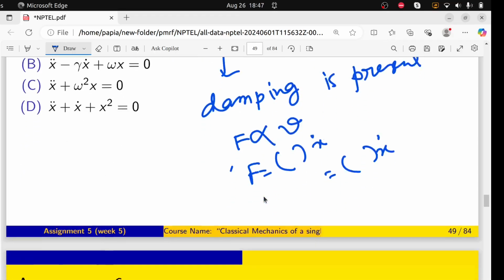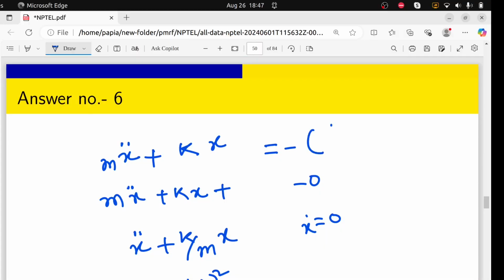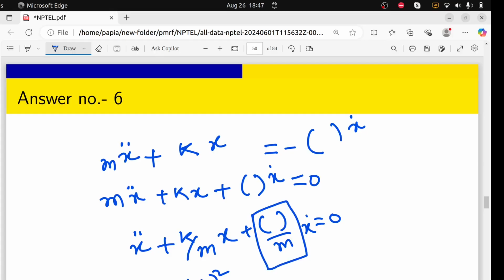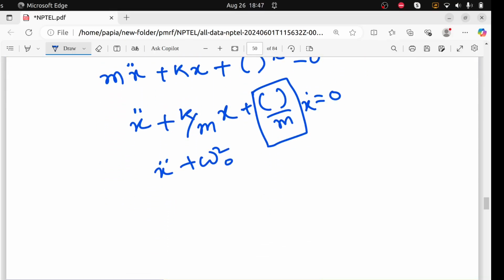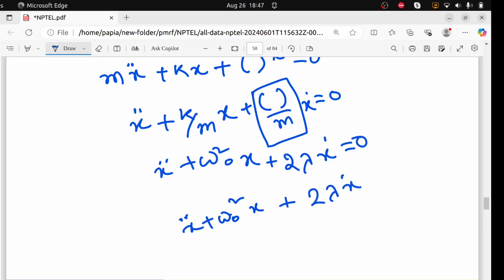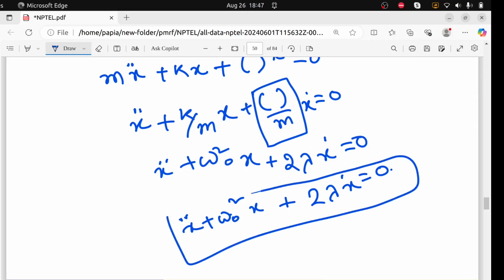So if I write that something and x dot, then plus something divided by m x dot equals 0. This whole something divided by m, for our convenience of calculation, we are taking as 2 lambda, and then x dot. So I can have x double dot plus omega 0 square x plus 2 lambda x dot equals 0. So this is the expression for the damped harmonic oscillator.